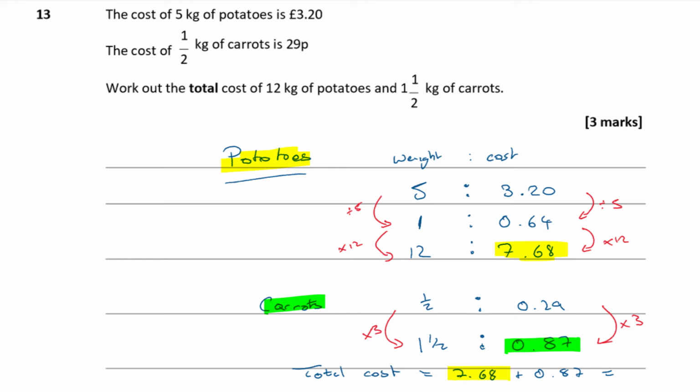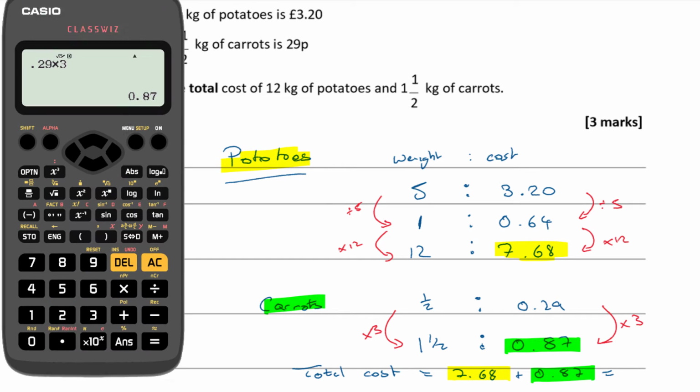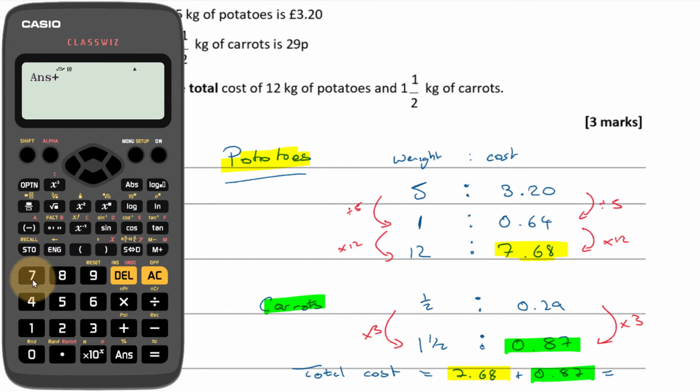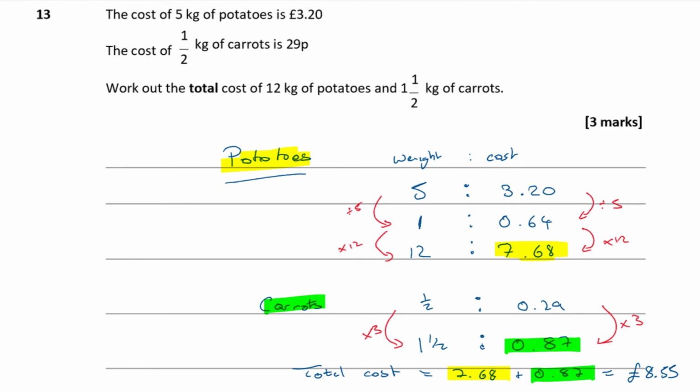Add them together. Calculator. What's 87p and £7.68? Apparently that's £8.55. That's our final answer, £8.55.